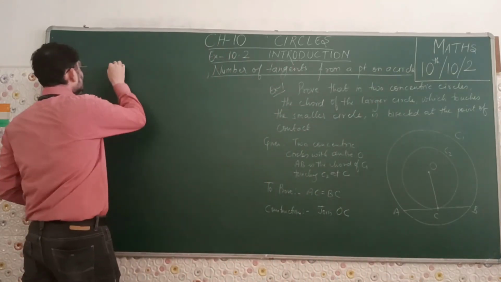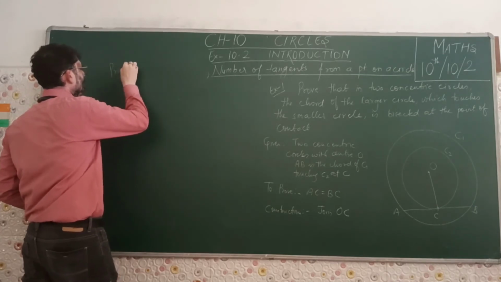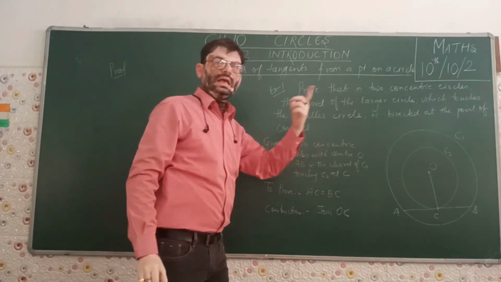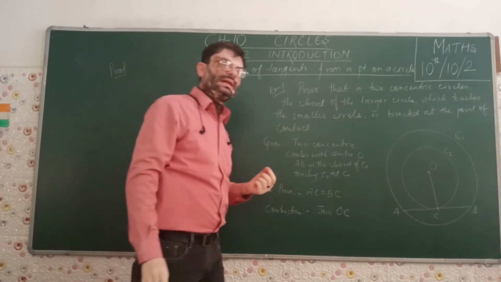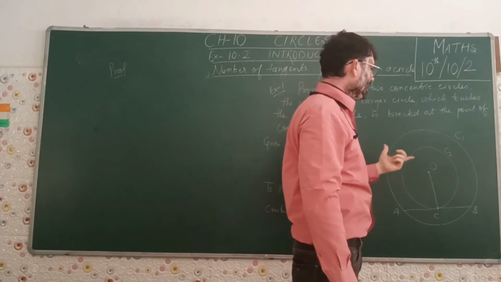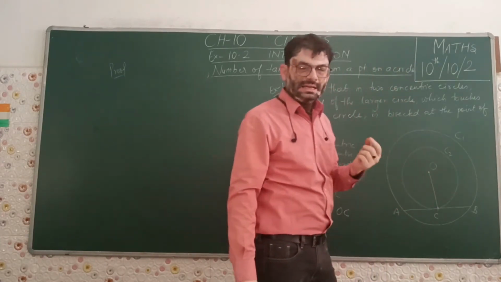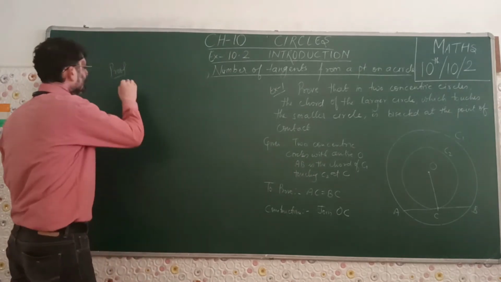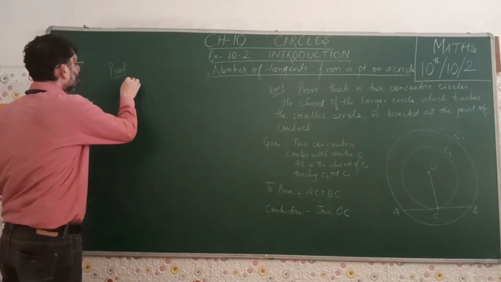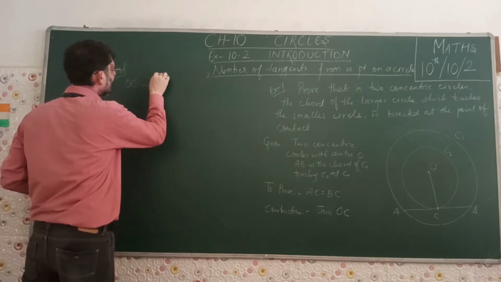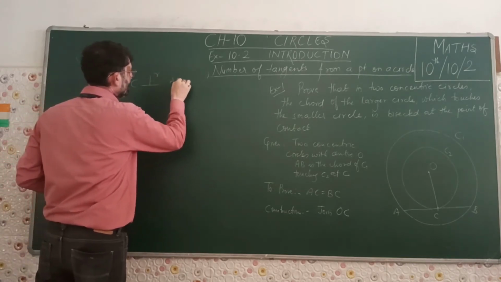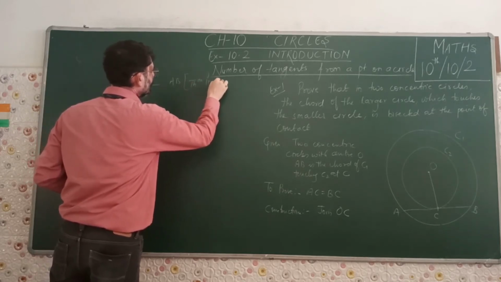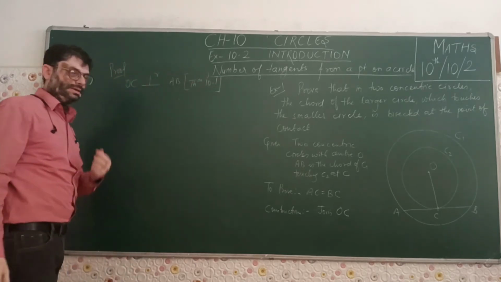Now as soon as we join OC, we can see that OC is perpendicular to AB. From theorem 10.1, the tangent and the radius of the same circle at the point of contact are perpendicular to each other. So we can say in the proof that OC is perpendicular to AB, and that is only because of theorem 10.1.